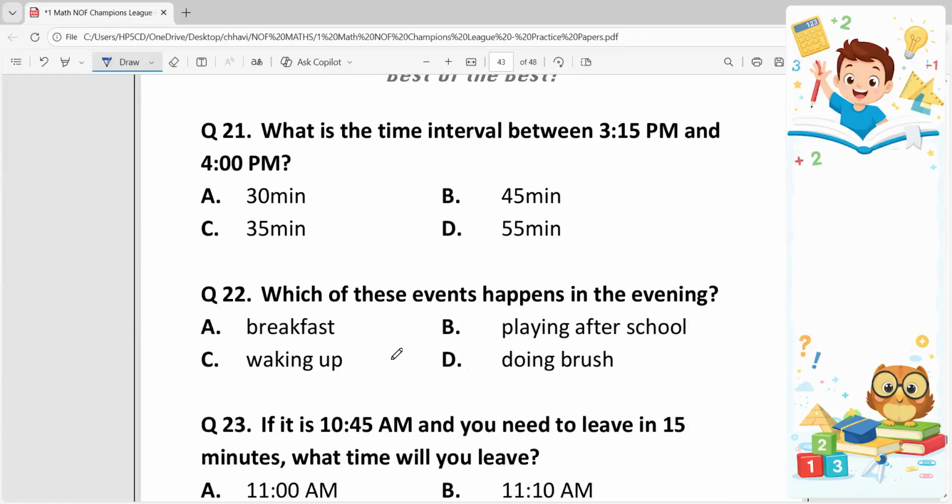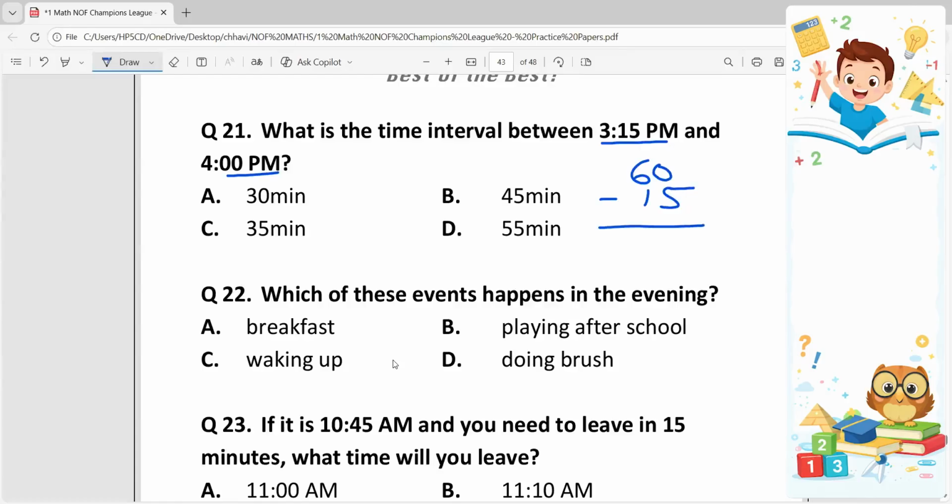21st question. What is the time interval between 3:15 p.m. and 4 p.m.? So we have to count from 3:15 p.m. to 4 p.m. So see, we just have to subtract 15 from 60 because it's 3 and it's 4.